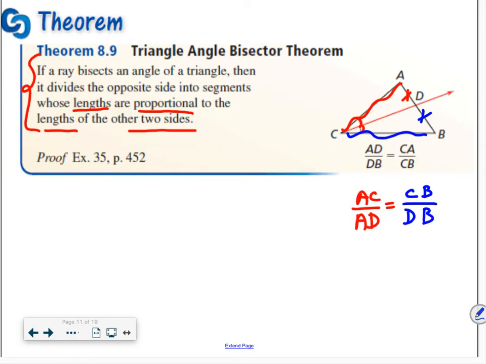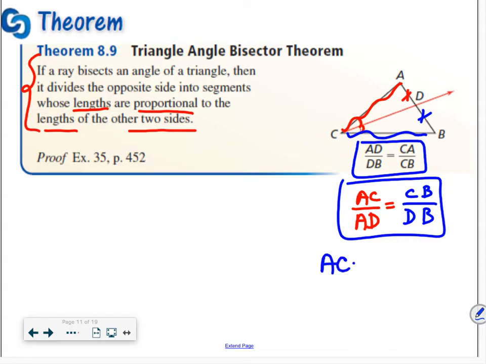So my proportion looks different, but honestly, when you cross multiply here or here, no matter which one you do, you're still going to get AC times DB equals AD times CB. There's lots of ways you can set up that proportion.